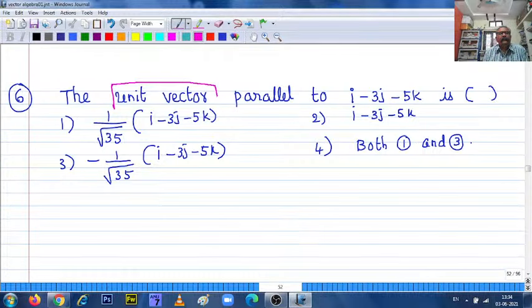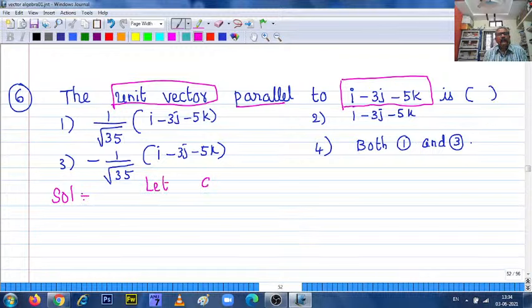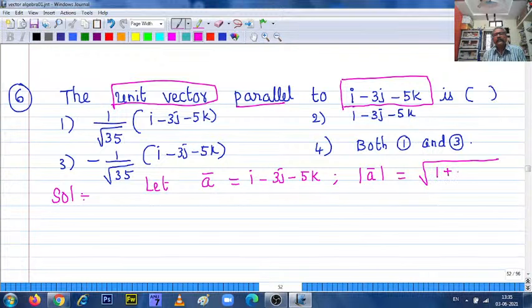Unit vector parallel to i minus 3j minus 5k. So first solution, let us suppose a bar equals to i minus 3j minus 5k. First find modulus of a, that is equal to root of i coefficient is 1, 1 square 1, minus 3 square 9, plus 25.